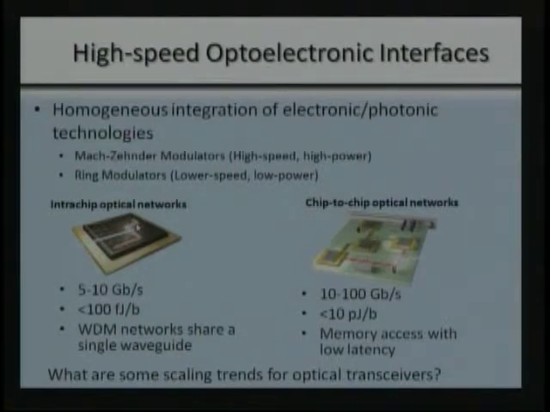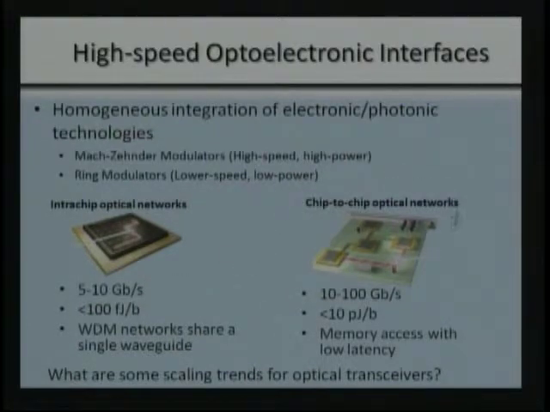These intra-chip optical networks have been proposed to operate between 5 to 10 gigabits per second with very low power consumption. We use a metric that relates the power consumption to the bit rate, giving a unit of energy per bit, femtojoules per bit. These intra-chip optical networks need to be very low power to keep the microprocessor's overall power consumption low, in this case under 100 femtojoules per bit.